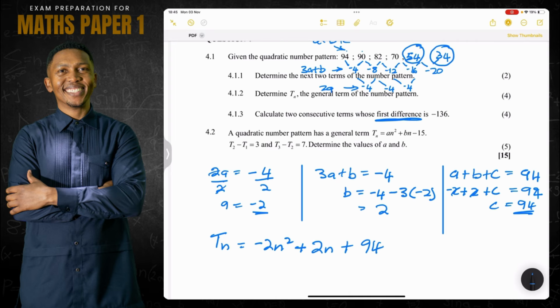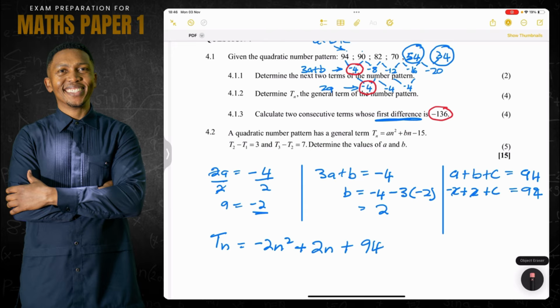So we know what our A value is, which is negative 4, but we also know what the common difference is. So in this case, we've got A, which is negative 4, and D, which is negative 4. Now we want to know which term number in our first difference is going to give us minus 136. And please stay with me.